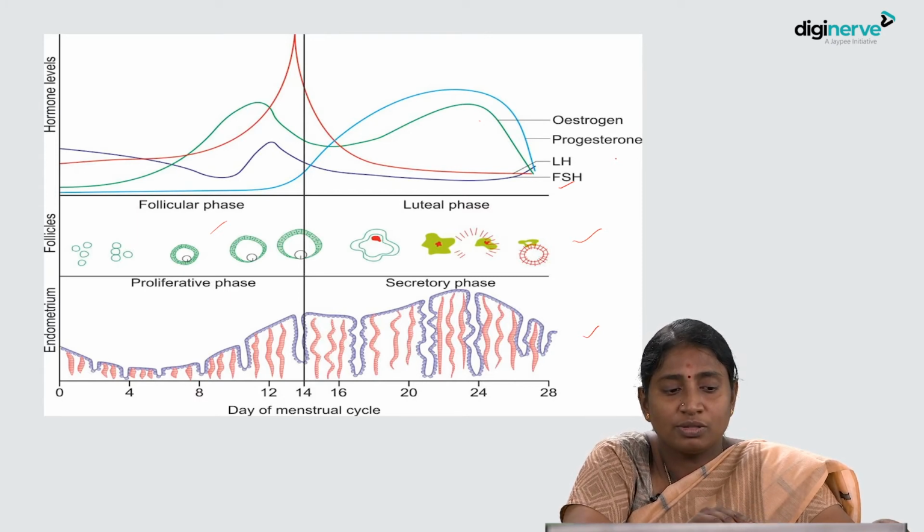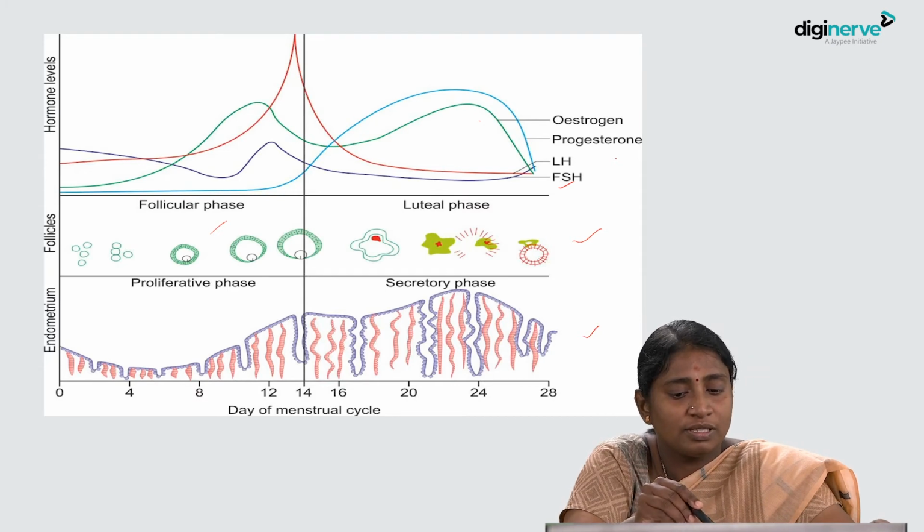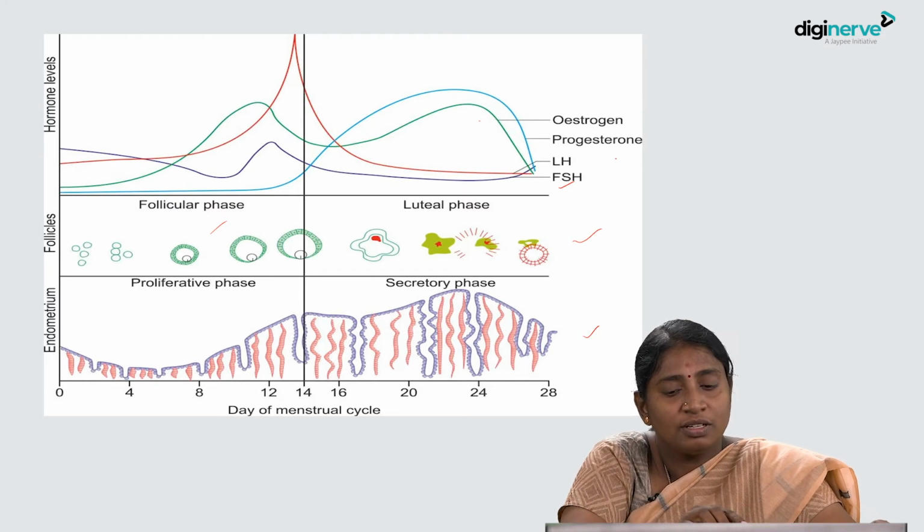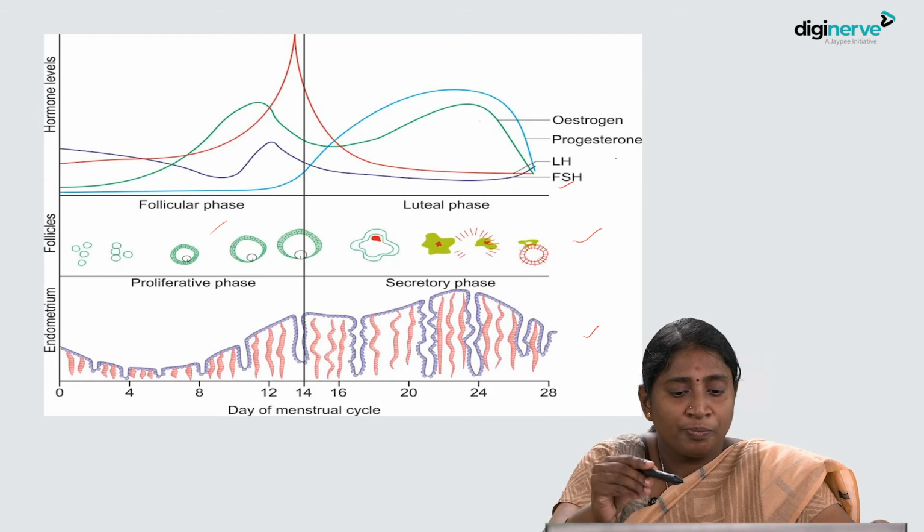You can see a slow increase in the estrogen level, also a slow rise in progesterone. And the LH, there is a steep inclination of LH levels as it progresses towards the ovulation phase, and FSH also shows a slow inclination, and after that it plateaus.